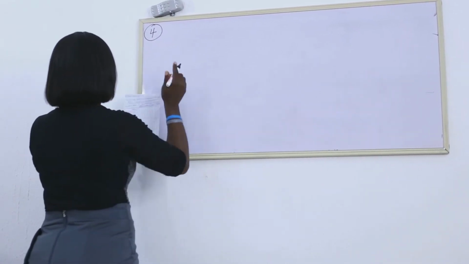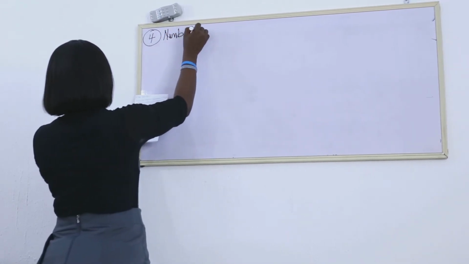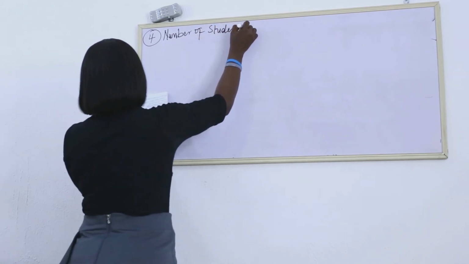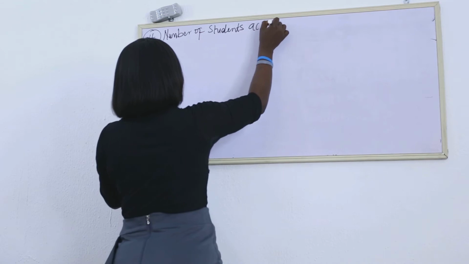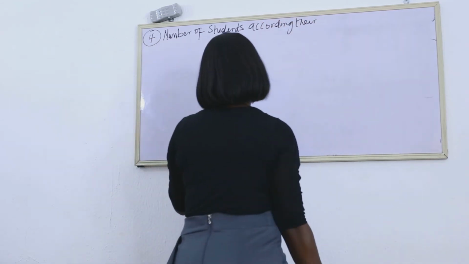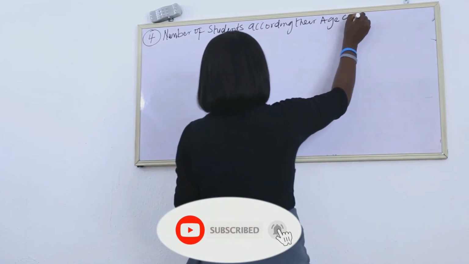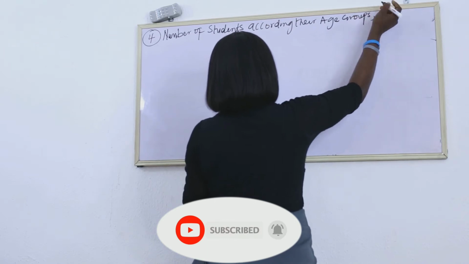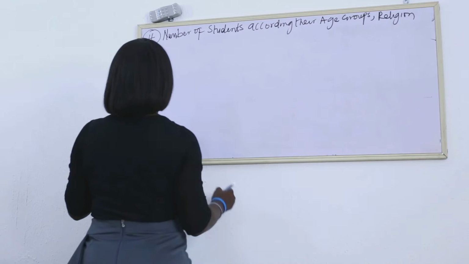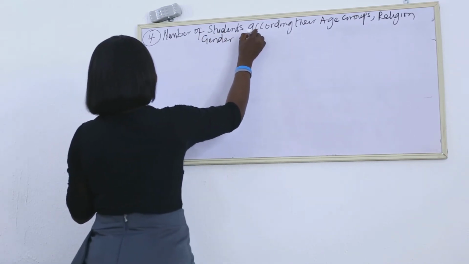And the title of the table is number of students according to their religion, I think the first thing we wrote was age group, according to their age groups, according to religion, then gender, according to their gender, and allowances.